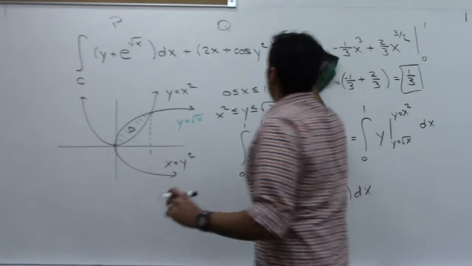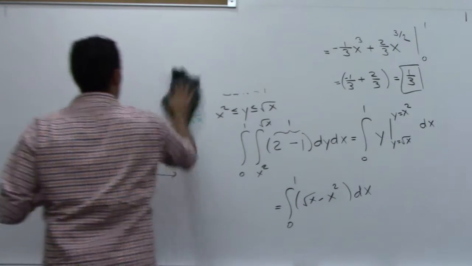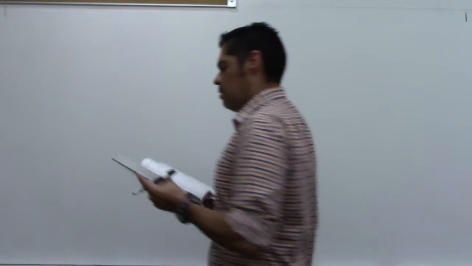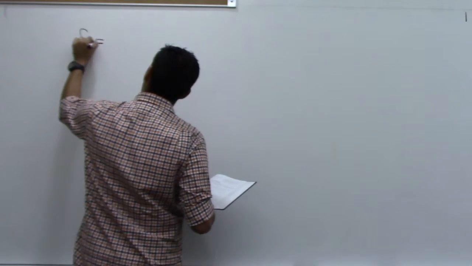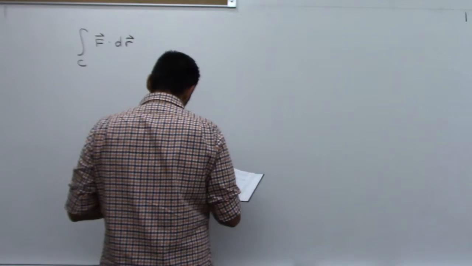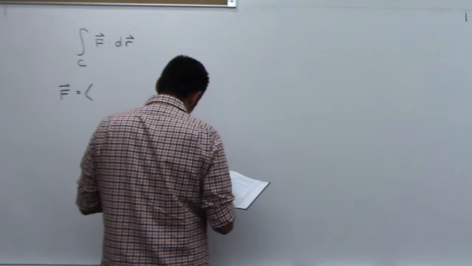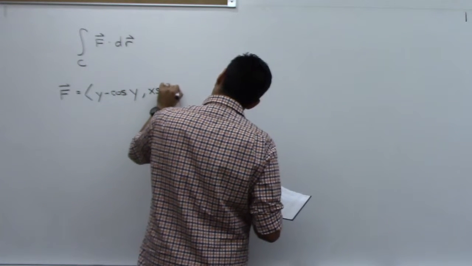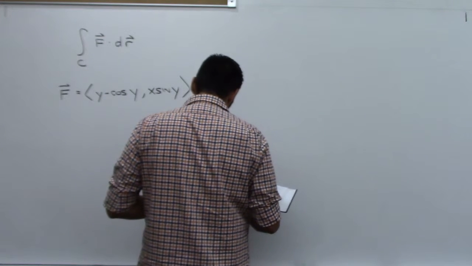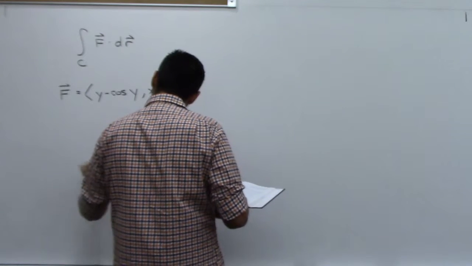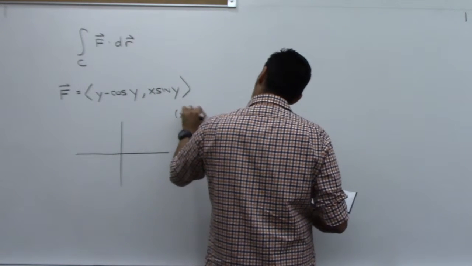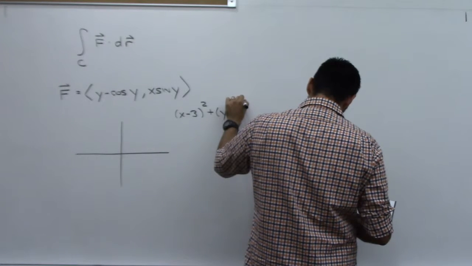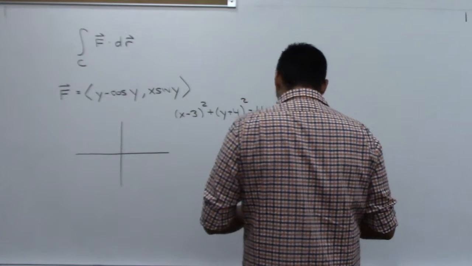All right, let's look at number 13. They want us to evaluate this, and you're given that F is a two-dimensional vector field, (y minus cosine y, x sine y), and it's the circle (x minus 3) squared plus (y plus 4) squared equals 4, oriented clockwise.